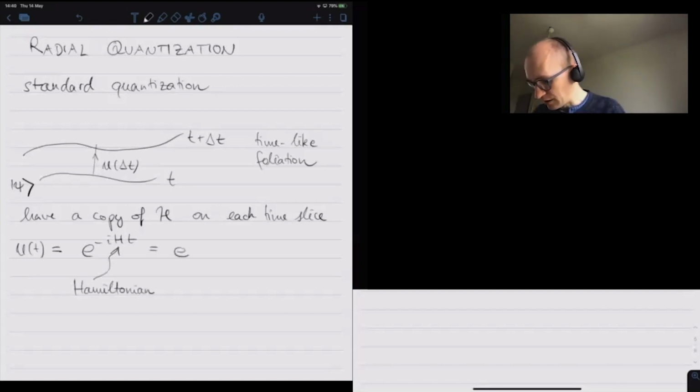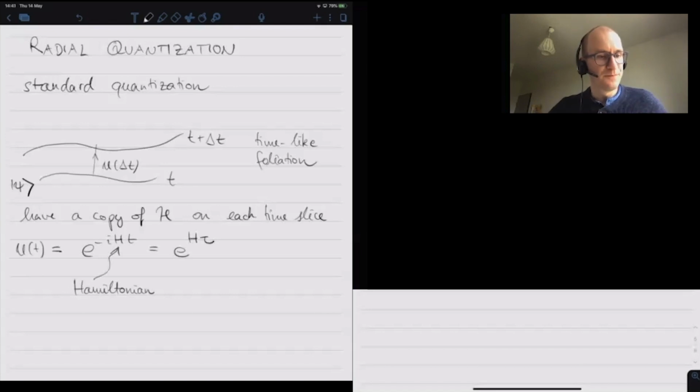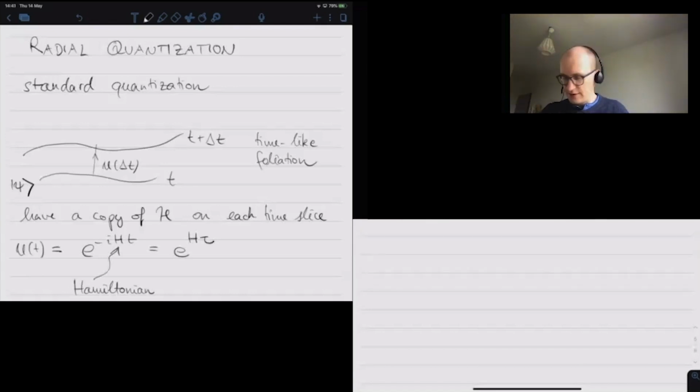And well, we could also write this in Euclidean. So this is e to the H times tau, where Euclidean time is minus i times t.